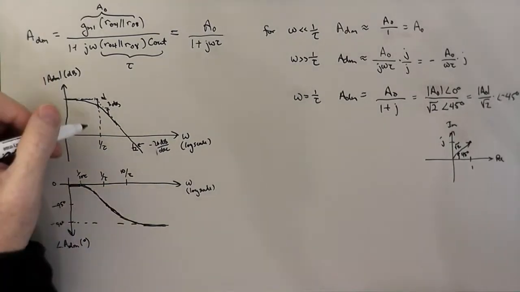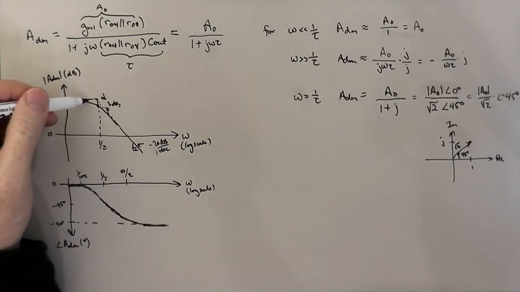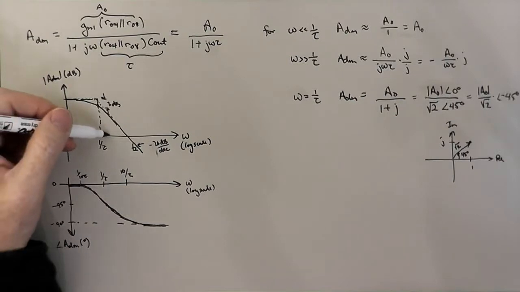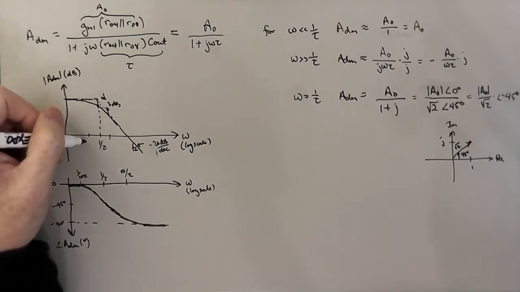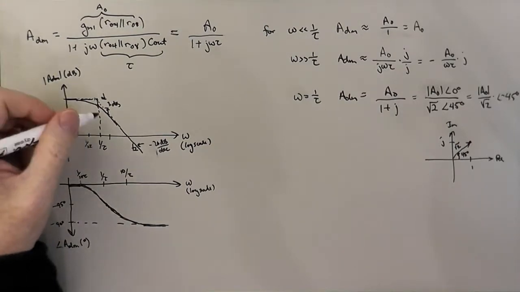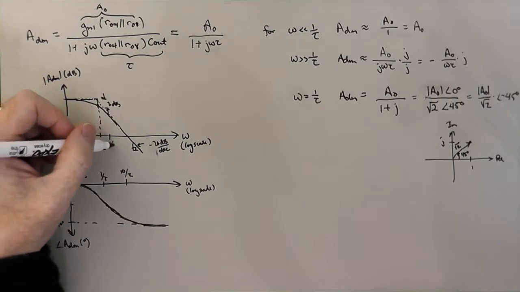And in terms of the magnitude, the magnitude starts deviating significantly from that straight line asymptotic approximation in about an octave, which is a factor of 2 in frequency. So this is about 1 over 2 tau, and this is about 2 over tau.